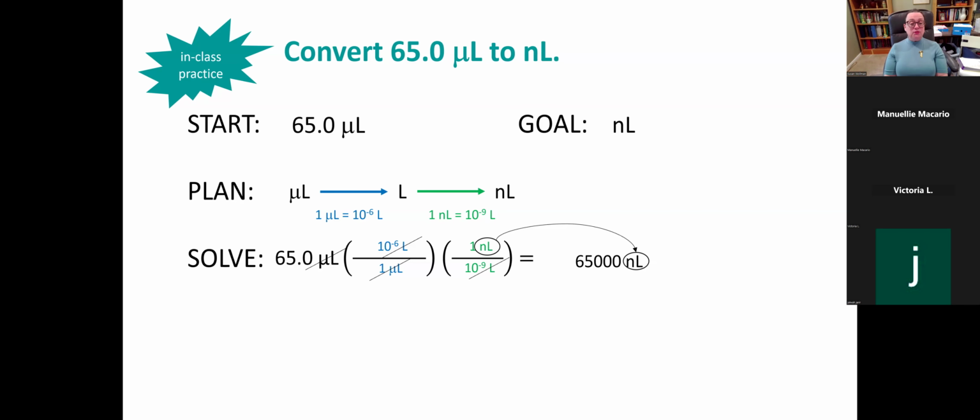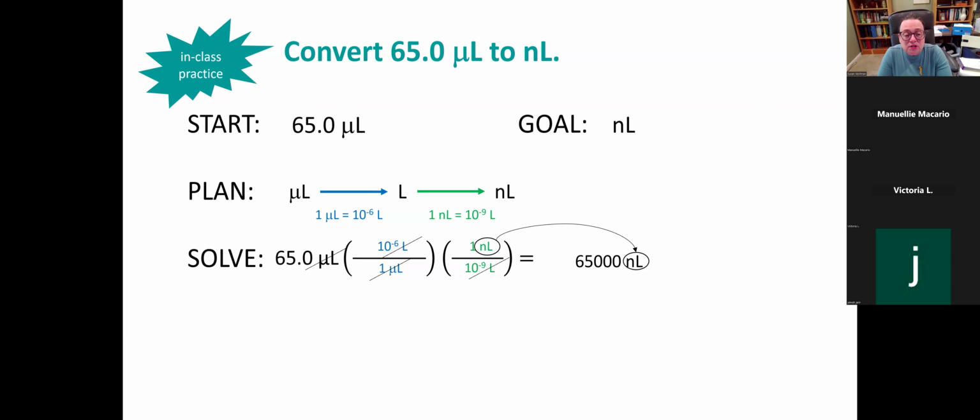How many significant figures are in our starting value, 65.0? Good. That 0 at the end is significant because there is a decimal point, so it does have 3 significant figures.